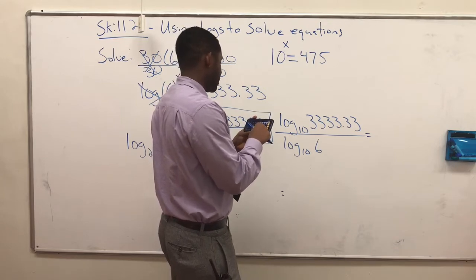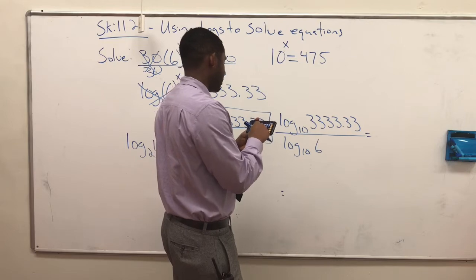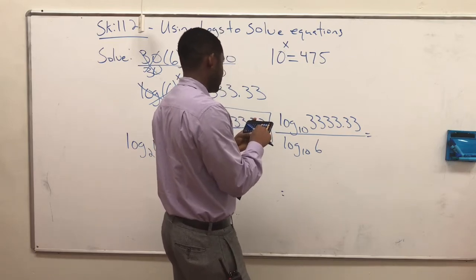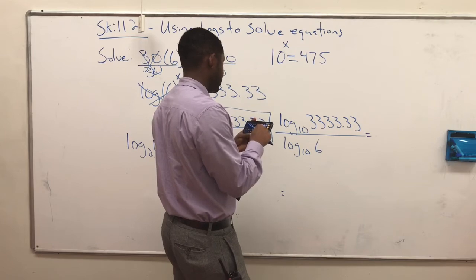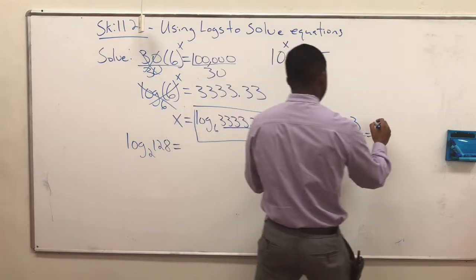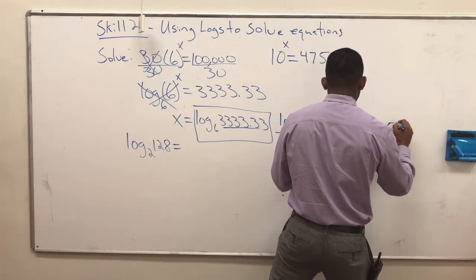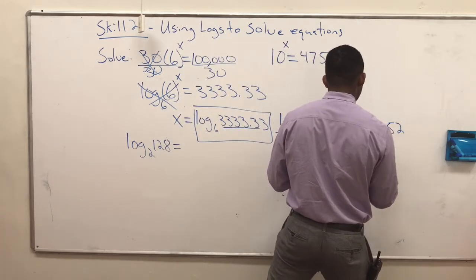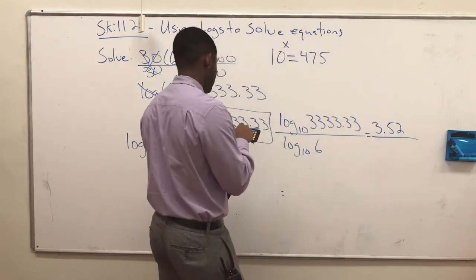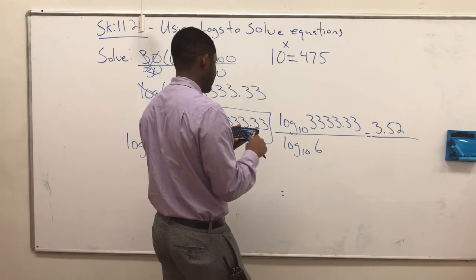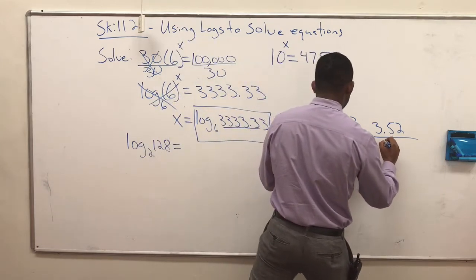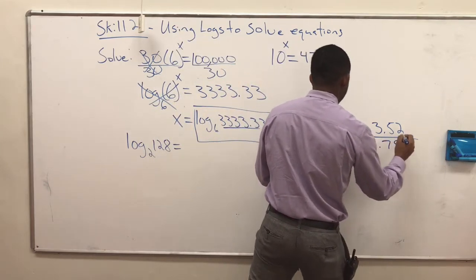So 3333.33 log base 10. That's about 3.52 over, I'm going to do log base 10 of 6. So 6 log base 10, which is 0.78.